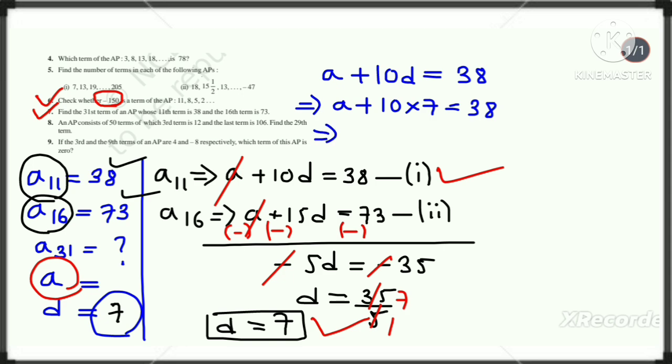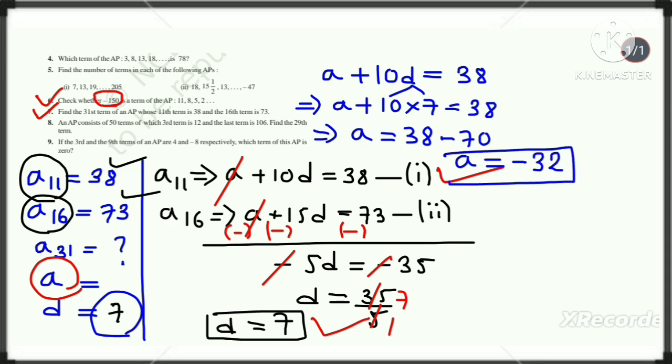Now A equals 38, and here 10 sevens are 70, and this 70 goes to RHS and becomes minus 70. Now finally, after subtracting 38 from 70, we obtain the value of A is minus 32. In this way, here we have obtained the value of A is minus 32.